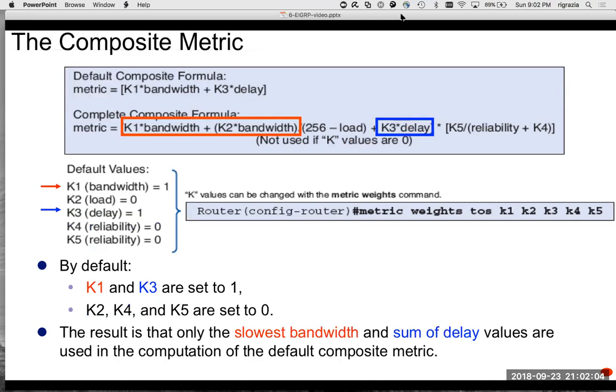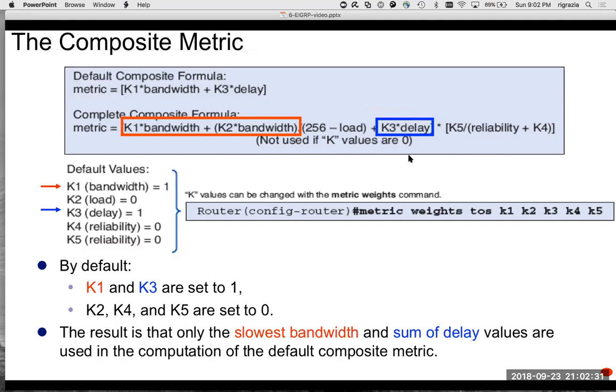The reason for that is the K values on the left. By default, only K1 and K3 are set to 1. The other K values, K2, K4, and K5, which have to do with load and reliability, are set to 0 by default. So in the composite formula, the result is that only bandwidth and delay is used.